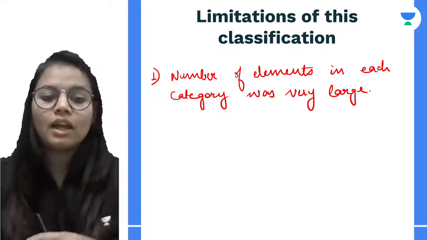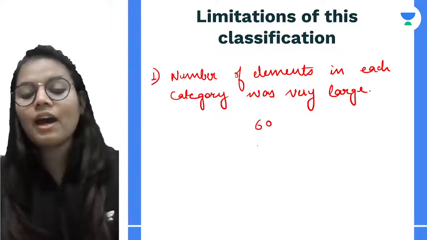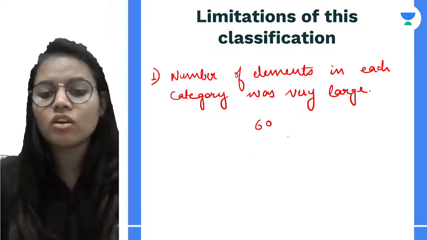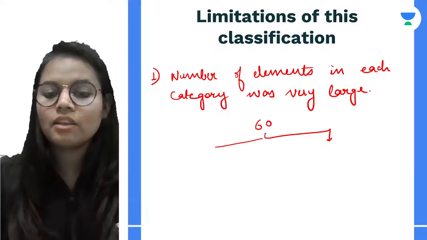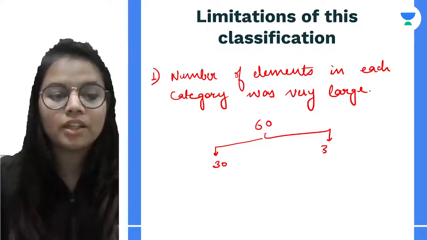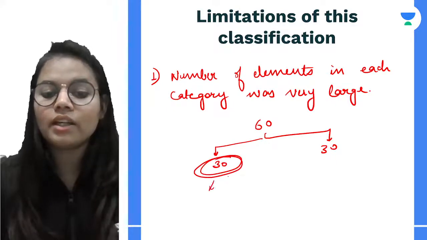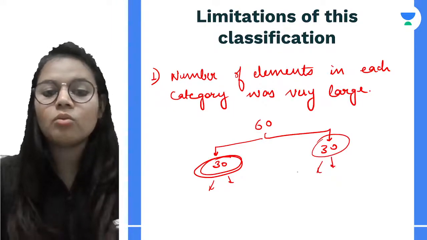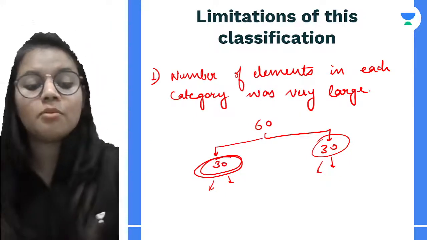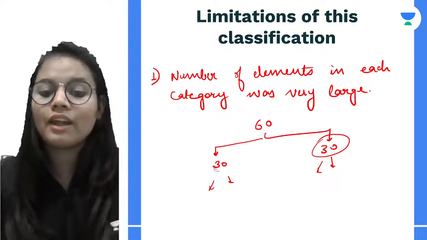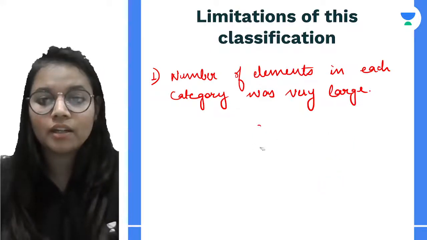For example, let's say I have 60 elements, and I have classified them into two categories of metals and non-metals. Let's say in the metals I have 30 elements, and in non-metals I have 30 elements. Again I will have to study these 30 separately, and these 30 separately. So there was no basic generalization, because the number of elements falling into each category was again very large.